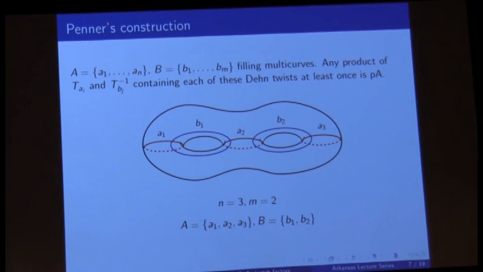So the intuition is that if you make such a product, it will mix the surface well, right? So if you take any curve, eventually one of these curves will hit it, and it maps it to something else. So it will mix the surface well.